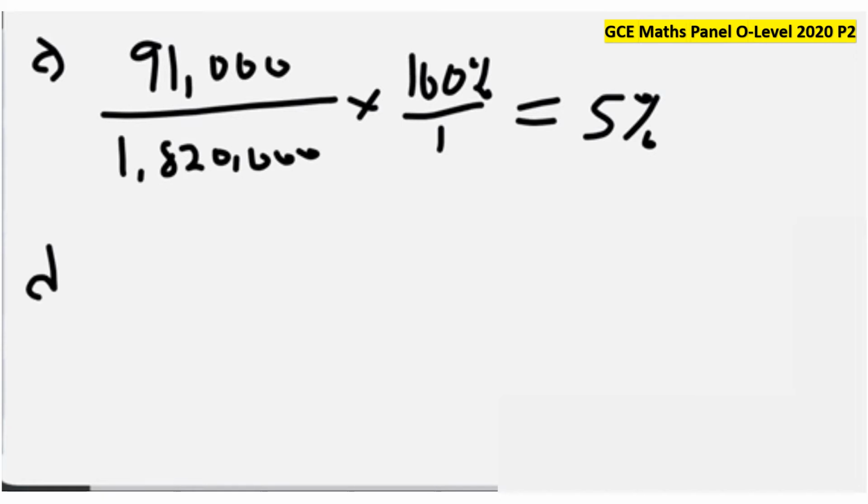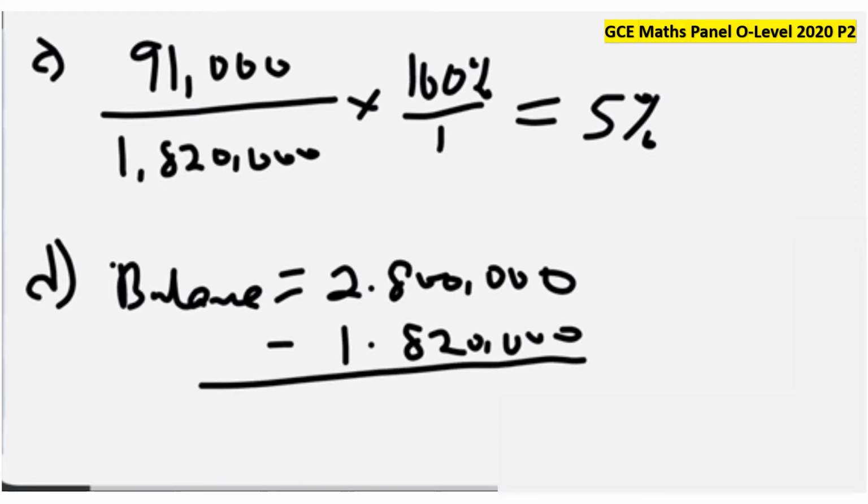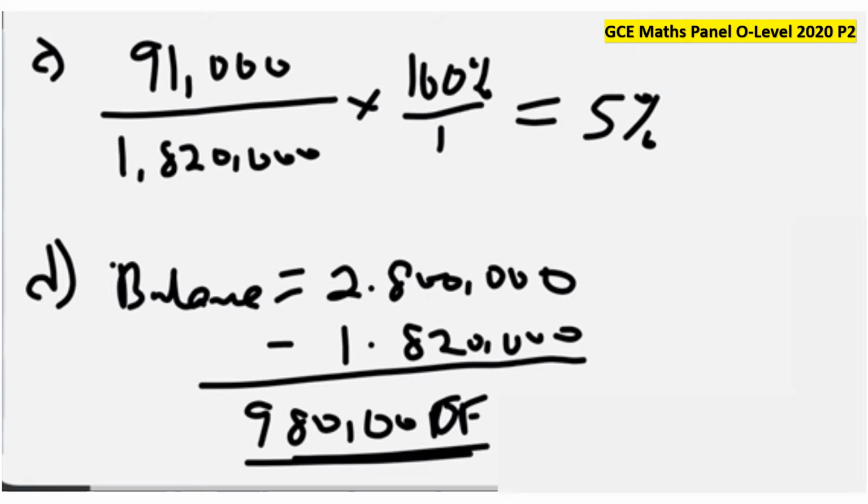So our balance is equal to 2.8 million minus 1,820,000. When we subtract this, it will give us 980,000 francs.